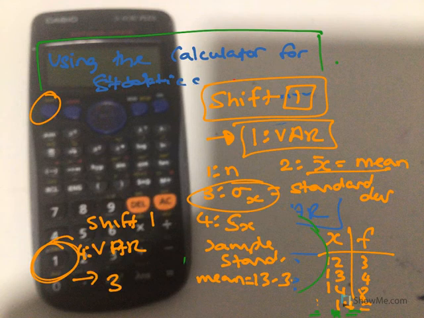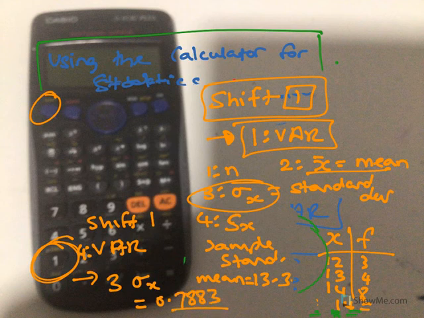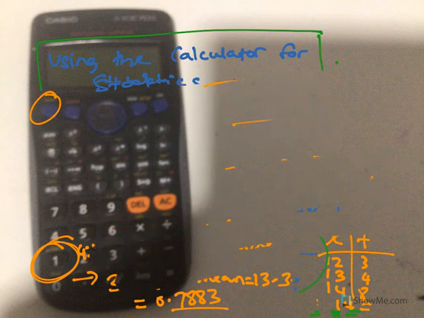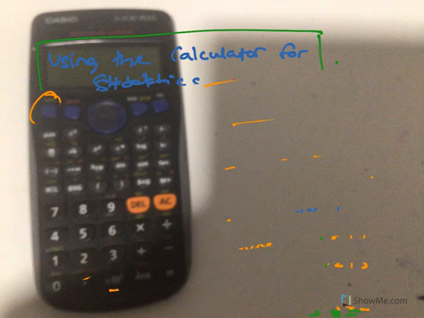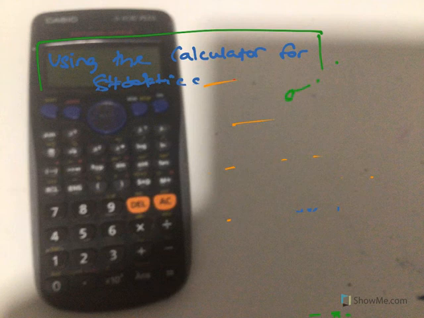And then I want number 3 because I want the standard deviation, which is the spread of the scores. I end up with 0.7883. So it's about 0.8 standard deviation or spread. Don't worry about getting the sample standard deviation unless you actually ask for it. So when asked for the standard deviation, you just get the one that looks like that.